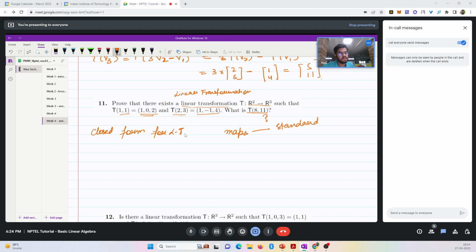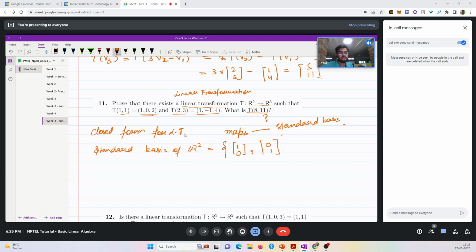This is a very basic trick. So if you look at R2, what is the standard basis for R2? The standard basis for R2 is nothing but 1, 0 and 0, 1.